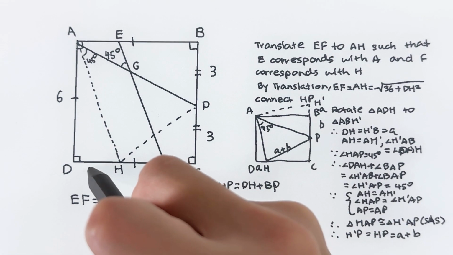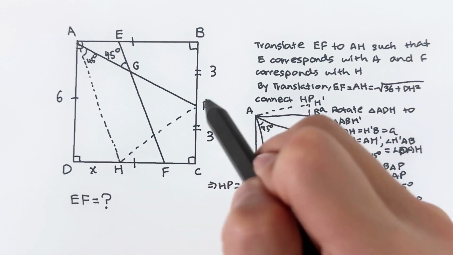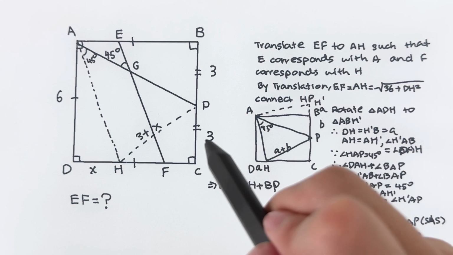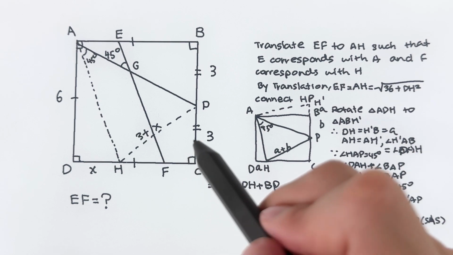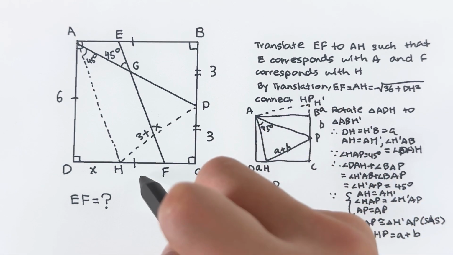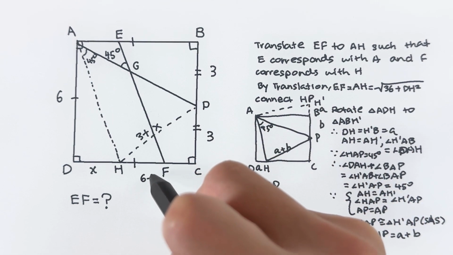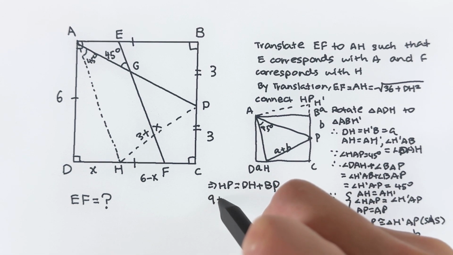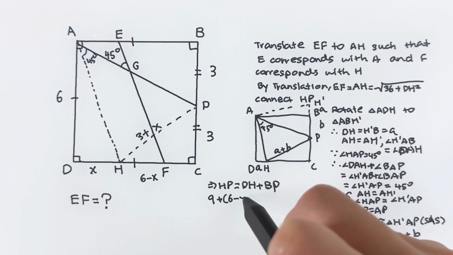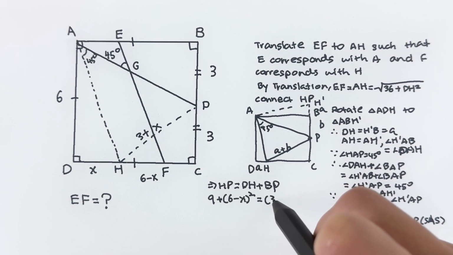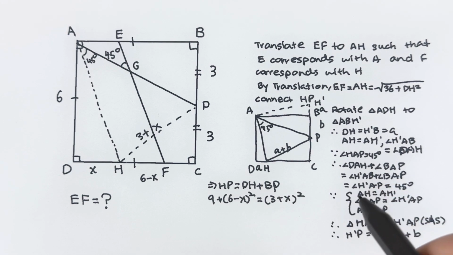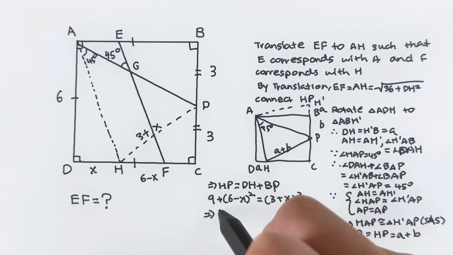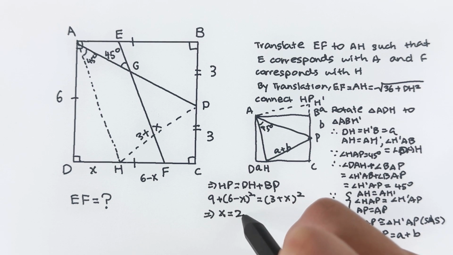We can let this be X. So then HP equals 3 plus X. And then we know that CH equals 6 minus X. So we can apply the Pythagorean theorem to get 9 plus (6 minus X) squared equals (3 plus X) squared. And we can just expand the parentheses. Then after some simplification, you'll get that X equals 2.